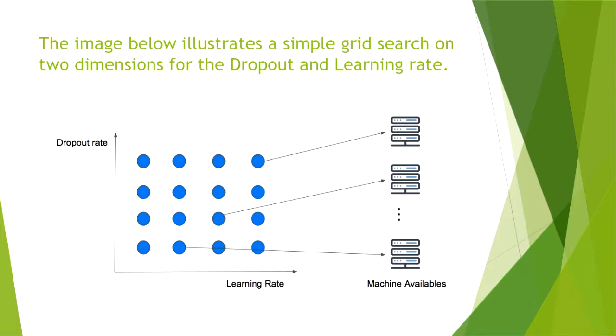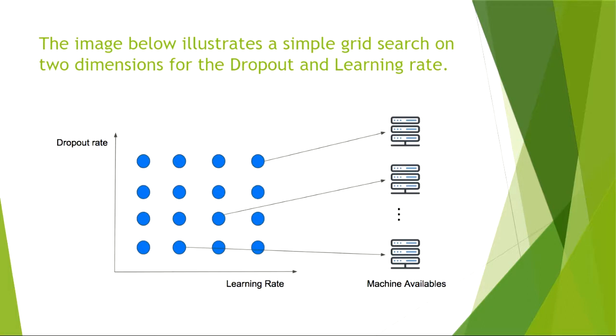You can see that this graph is plotted between the learning rate and the dropout rate. That's why I told you that these two rates are very important. Learning rate is your rate of learning. Dropout rate is the rate at which you remove some layers. And these are the machines available.